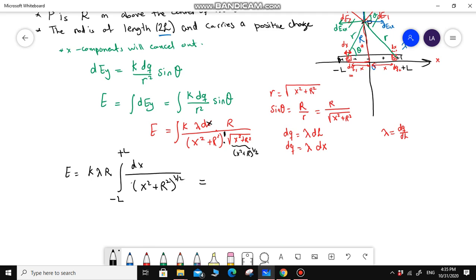Here I need some calculus help to figure out how to integrate this integral.